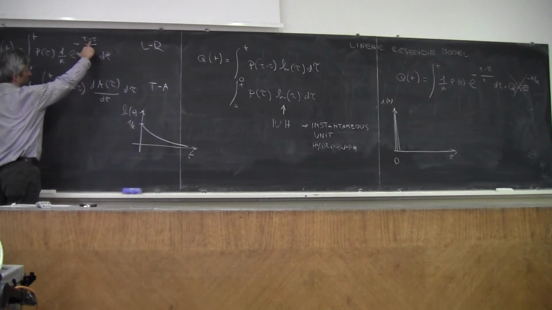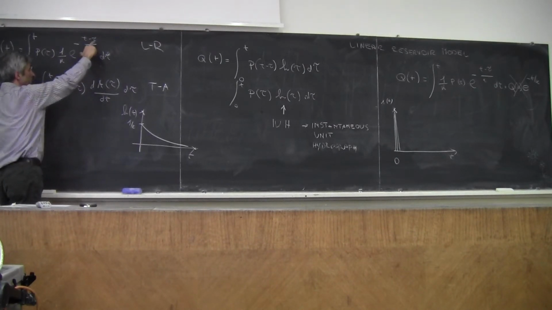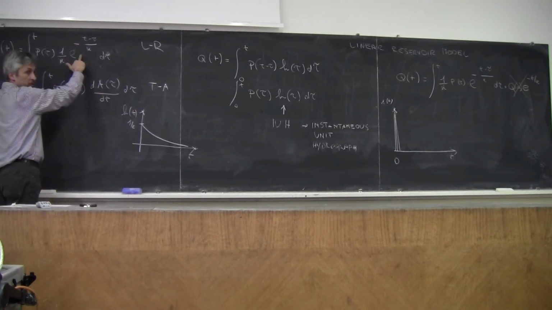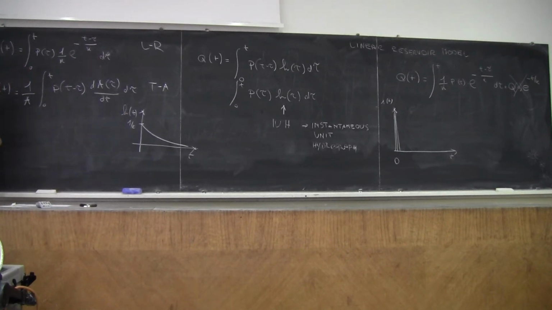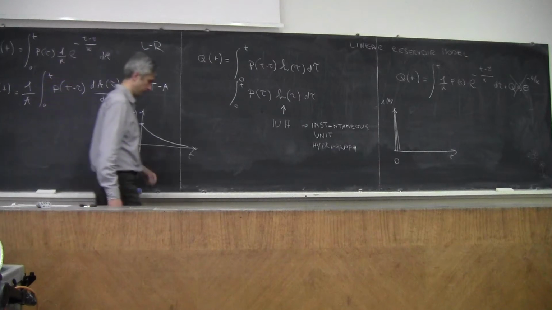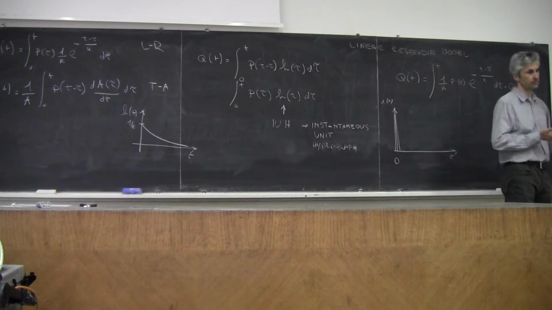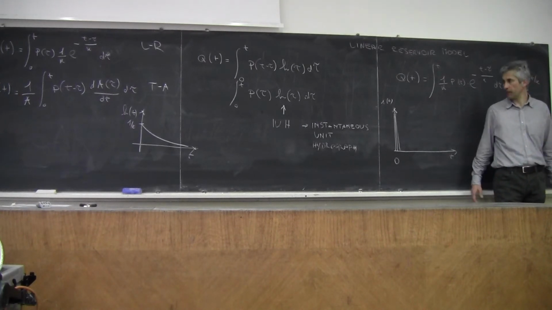If you start from time 0, then you get 1 over k as the starting point, and then if you increase time, you go to 0 because this term is an exponentially decreasing term. Okay.